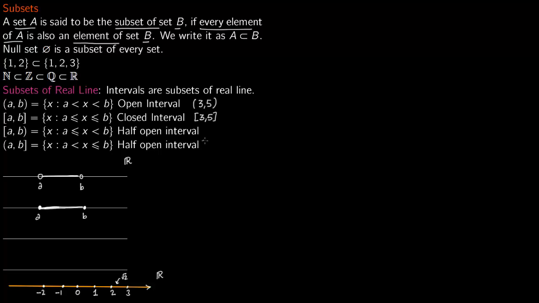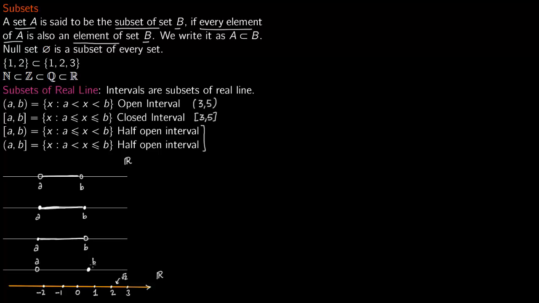Now you have half open intervals. So these two examples are half open intervals. In the first example, b is not contained within the interval, and in the second example, a is not contained within the interval. So let us draw this. So you have a here, and then this b is not contained, so you have a hole for b. And then similarly here you have a hole for a because a is not in the interval whereas b is.